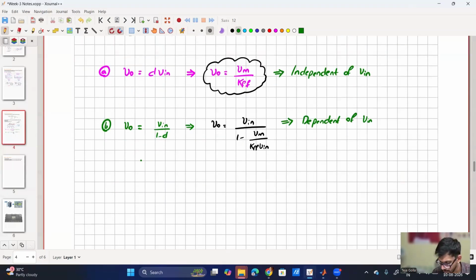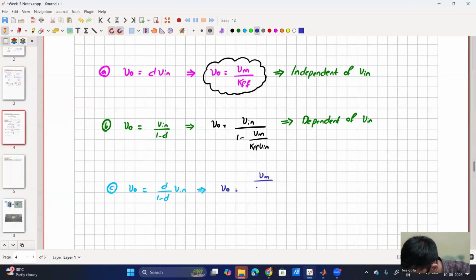Now let us do the same for buck boost converter. What is V0 expression, non-inverting? So minus sign will not be there. So what is the relation? D by 1 minus D into Vin. Good. So let us see. V0 is Vm by KFF Vin into Vin by 1 minus Vm by KFF Vin. So Vin will get cancelled.